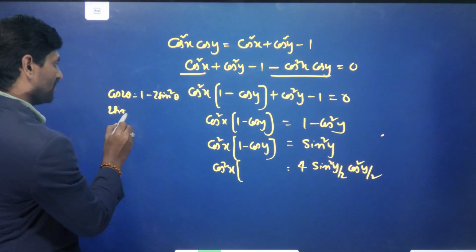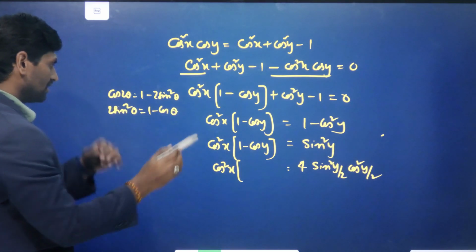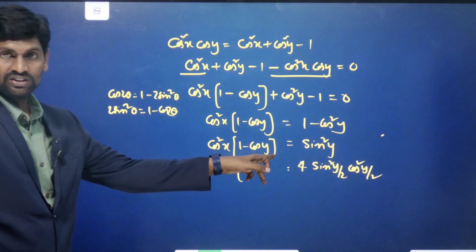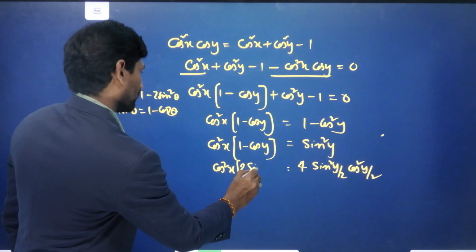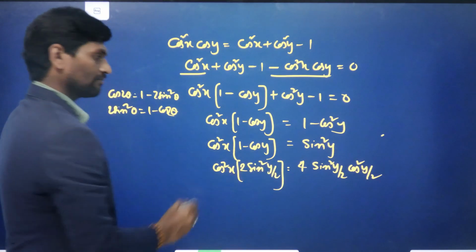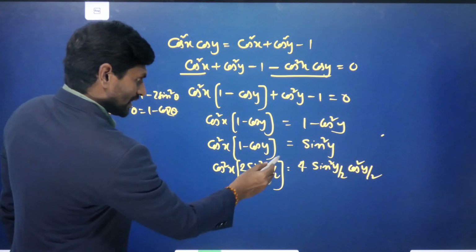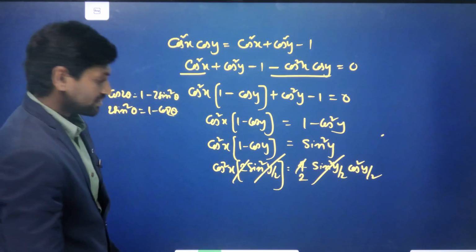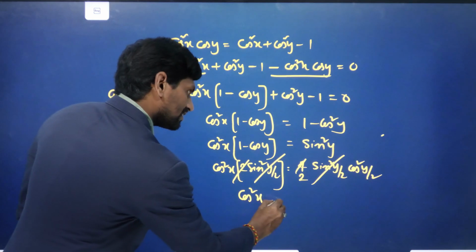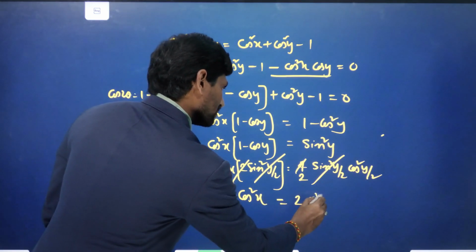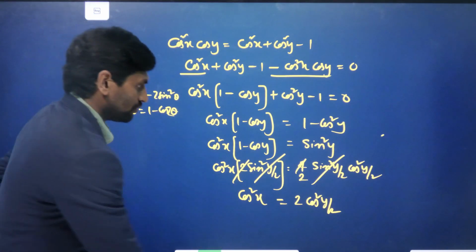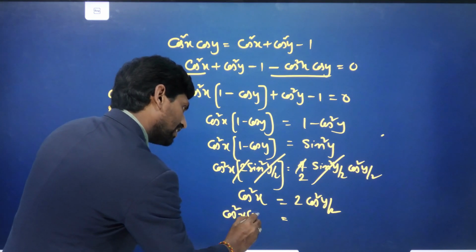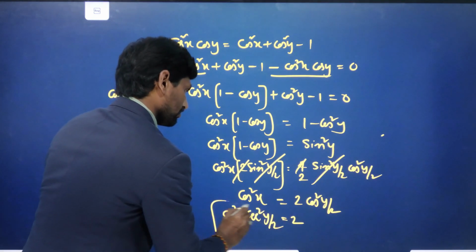That means 2 sin square theta is equals to 1 minus cos 2 theta. So in the place of 1 minus cos theta we can write 2 sin square theta by 2. So 2 sin square y by 2 we can write. So sin square y by 2, sin square y by 2 cancel. 2 times in the place of 4, 2 times cancel. So cos square x is equals to 2 cos square y by 2. Now cos square y by 2 I can write 1 by secant square y by 2. If you transpose this side, the answer is 2.